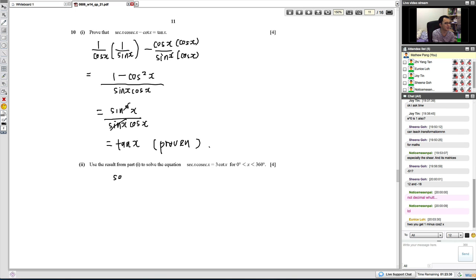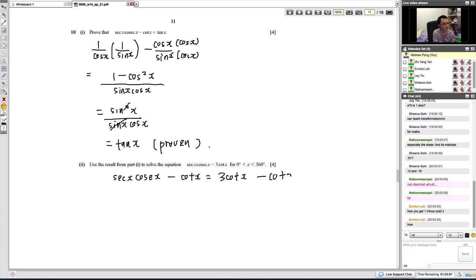What I will do is I will minus cotangent x for both sides. Yeah, but I wrote wrongly. So I will have cosecant x, so I will minus cotangent x here, and at the same time, I will minus cotangent x on the other side.